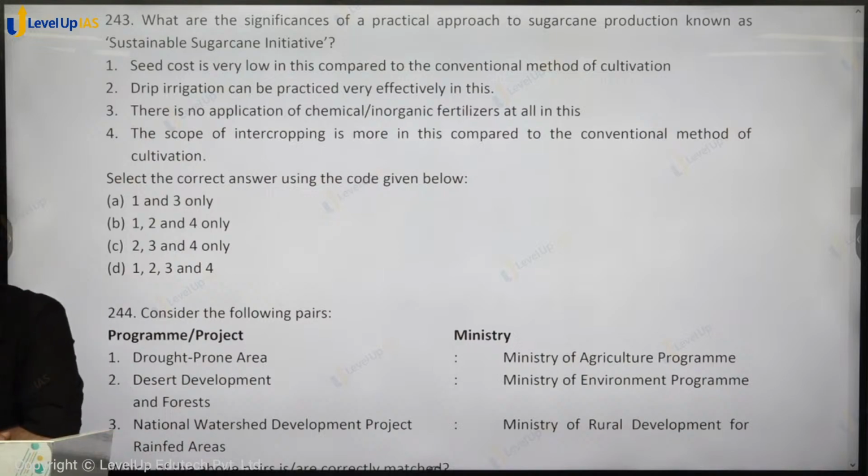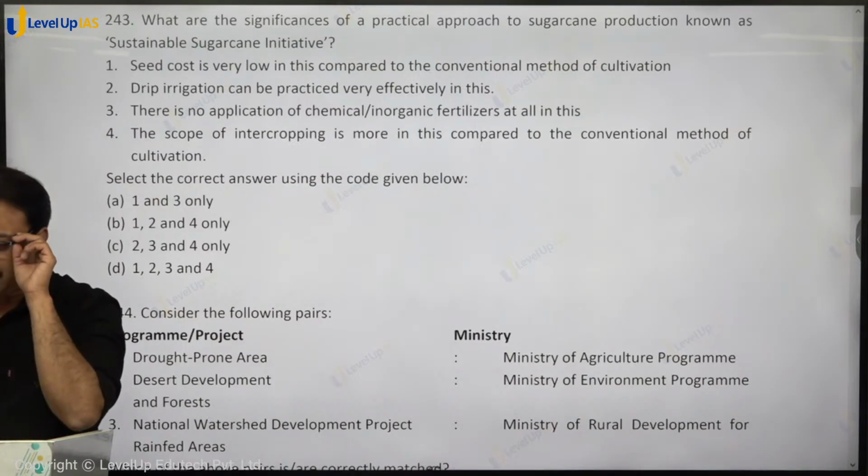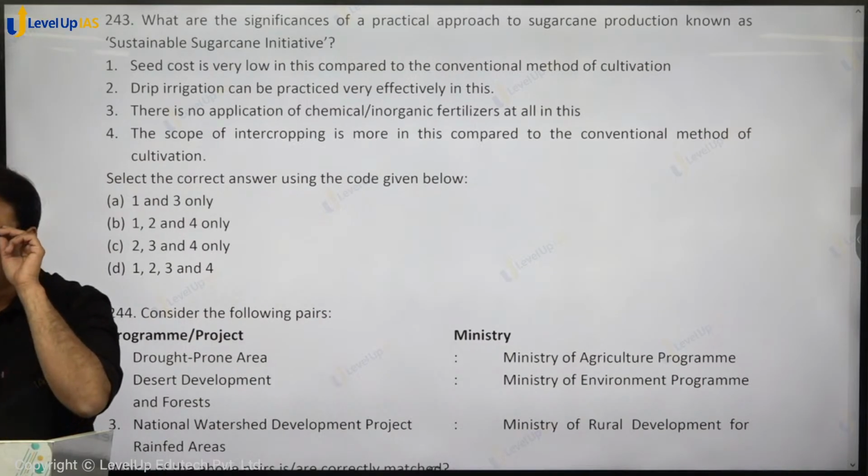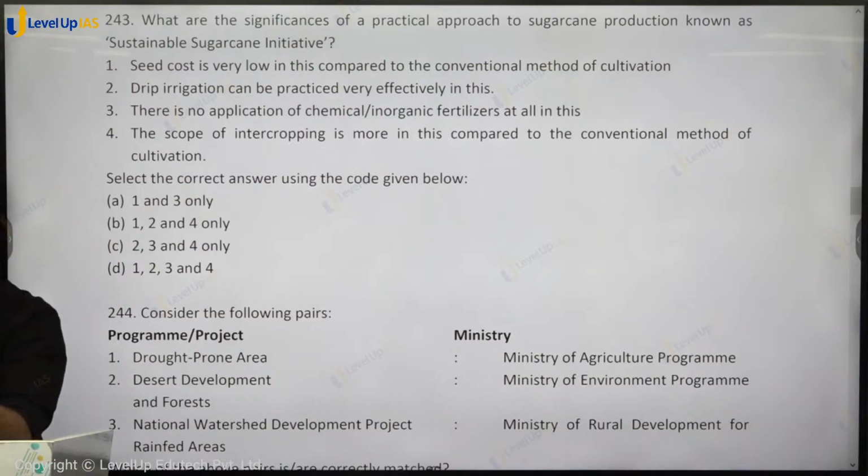Mewat, Parveen, is not popular for mango. Mango is grown there, but it is not generally known for production of mango. It is not a well-known place for production of mango. Don't use AI. When you type Mewat, if you are using AI, it will say that it is a well-known site for mango.